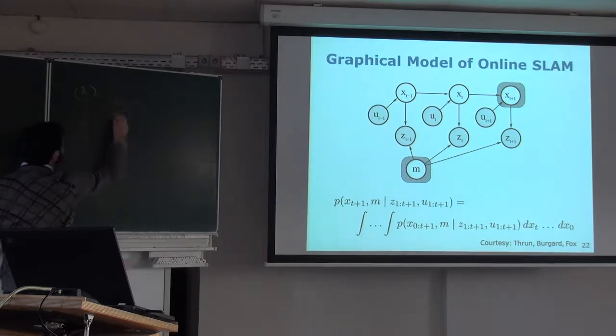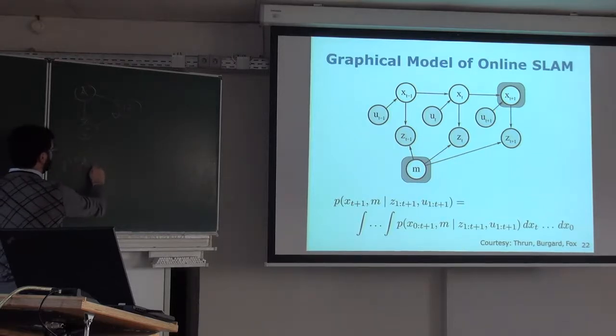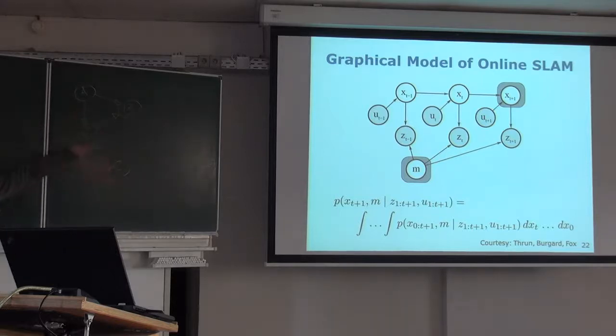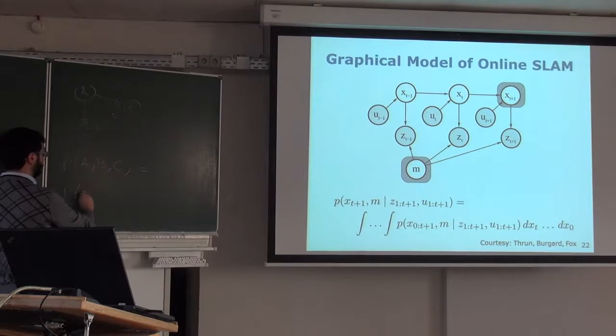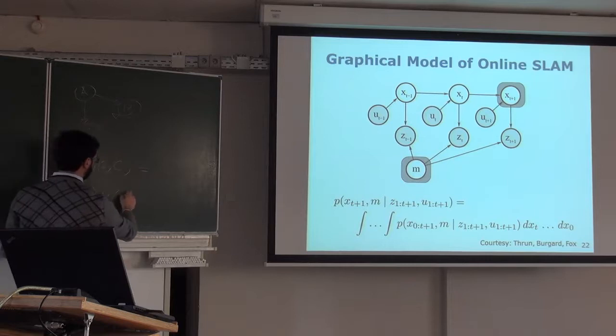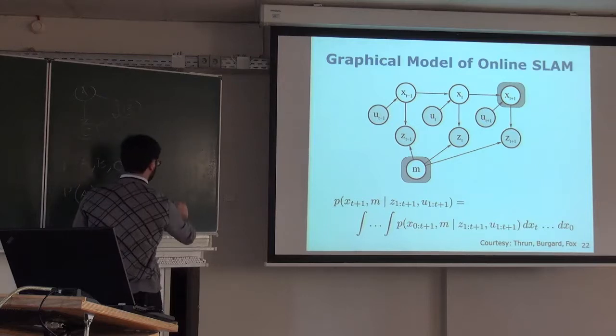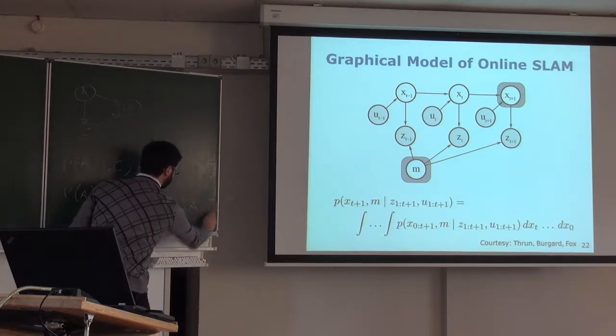If I want to know the joint distribution of all the variables I have there, this is equal to P of A, since there's nothing pointing at A. Then you have P of C given A, and then B given AC, okay?